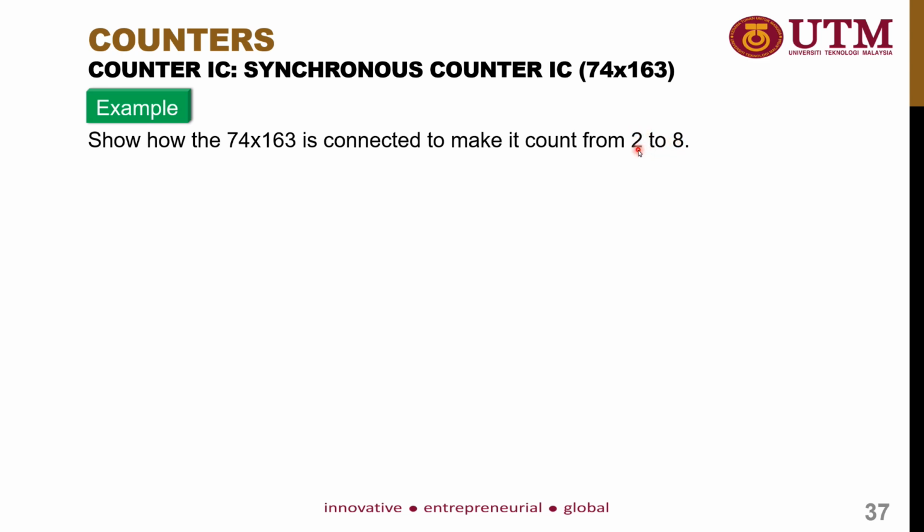Right now they want you to count from 2 to 8. So we will count together: 2, 3, 4, 5, 6, 7, 8. From this counting, you can say that it has a total of 7 states. As usual, we need to substitute the number of states because we want to determine the number of ICs required to design the counter that counts from 2 to 8.